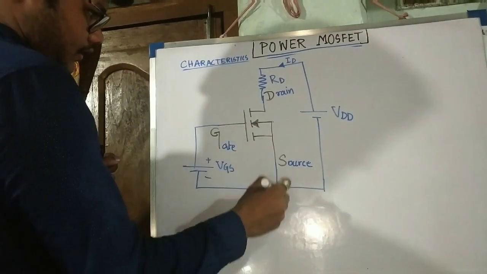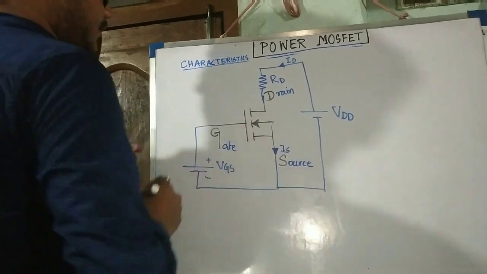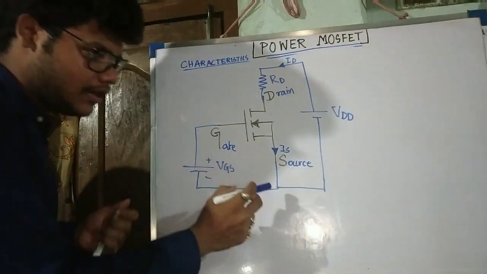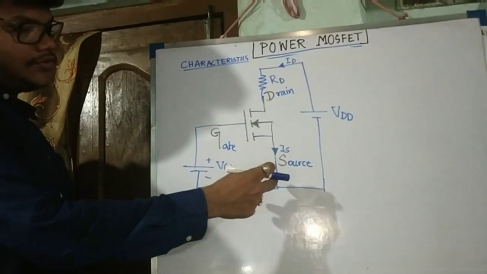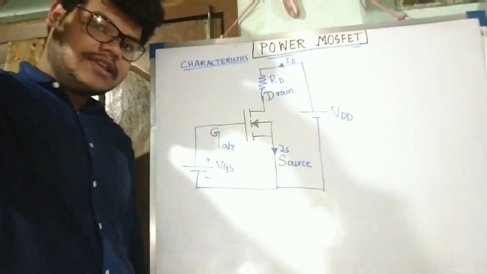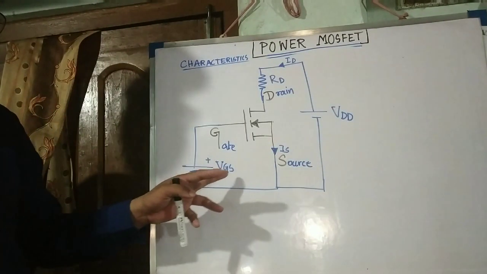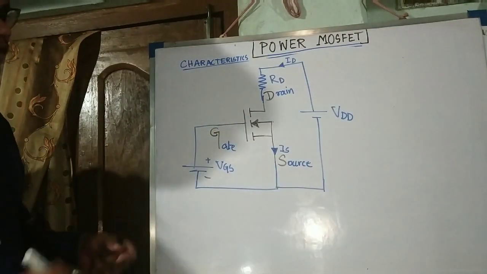This is coming, and this is your source current IS. So similarly for a MOSFET, we have drawn a common source. The source is grounded, and this VDD represents the VCC, the collector to emitter voltage in the case of BJT, and this VGS is the base to emitter voltage, VBE.